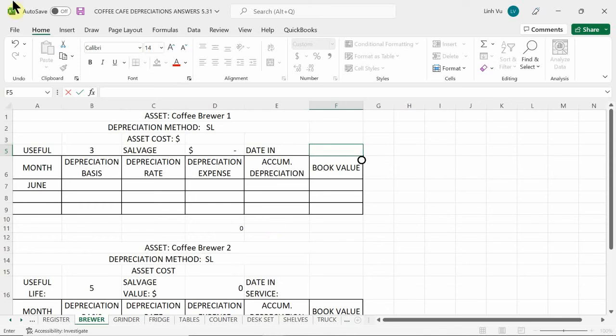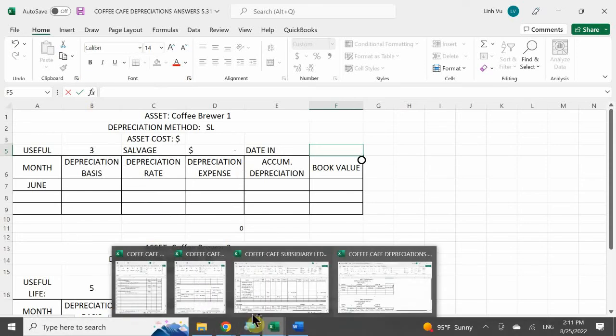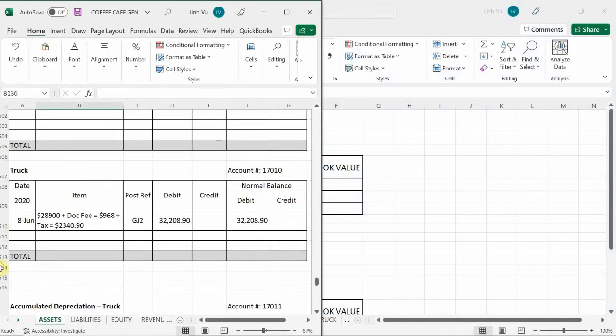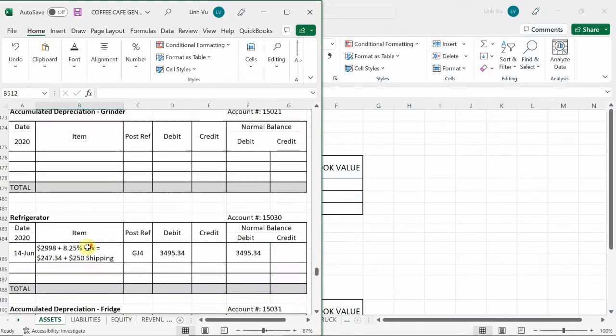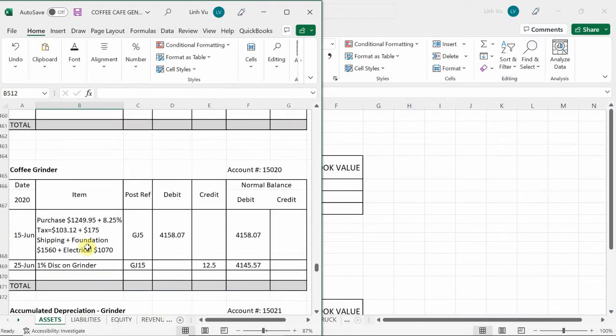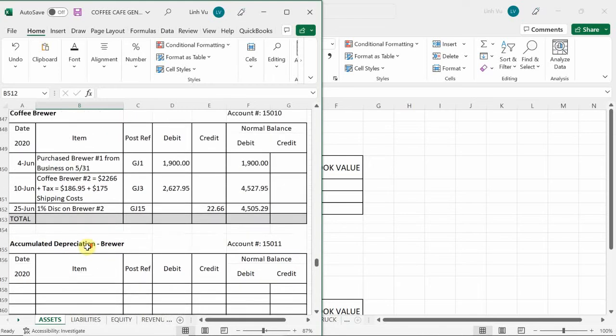So first coffee brewer. Do you remember what our first coffee brewer was? The one we got with the cafe. Yes, so let's look that up real quick. Coffee brewer number 1.